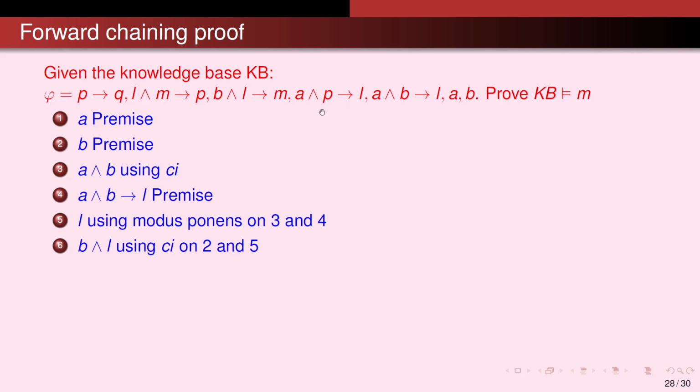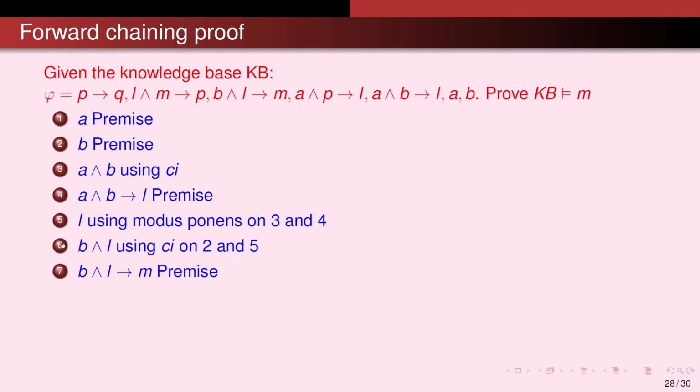Now, B and L implies M, it is there as a premise, and B is there in line 2 and L from 5 is there. So, using 2 and 5, if I combine them using conjunction introduction, then I will get B and L. Now, B and L implies M is available.